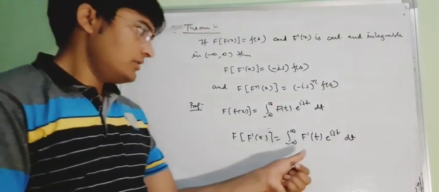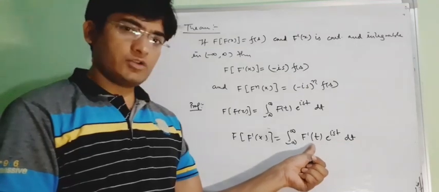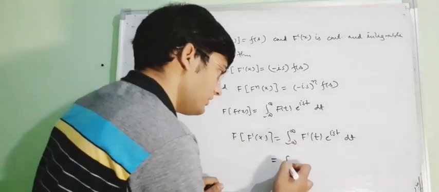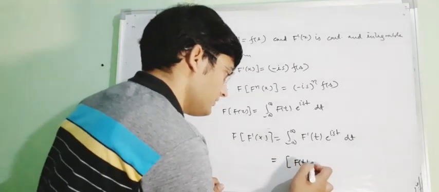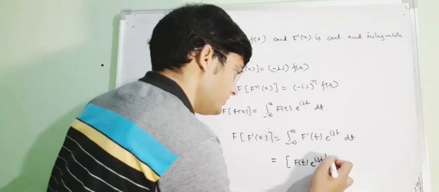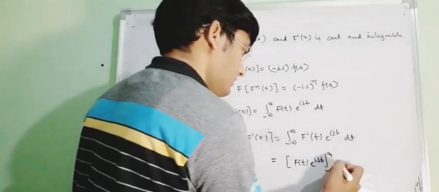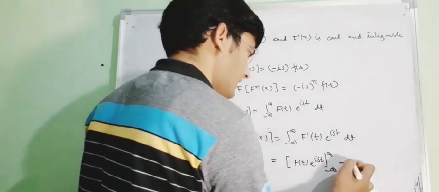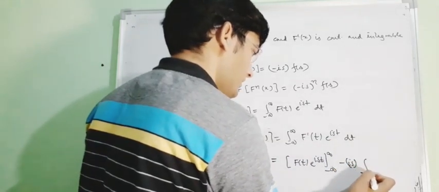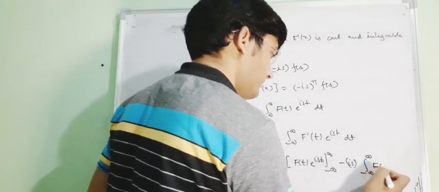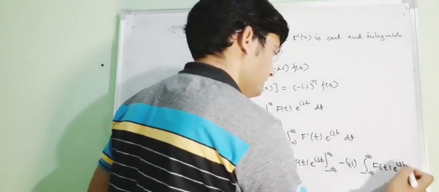For this, let us integrate by parts. The integration of this one will be f(t), with limits from minus infinity to infinity. Then we will have the differentiation of this one, which is is, with limits minus infinity to infinity, and the integration of this one will be f(t) e to power ist dt.